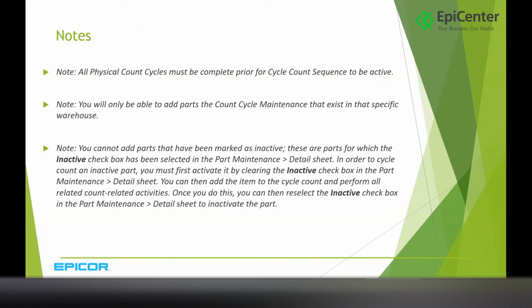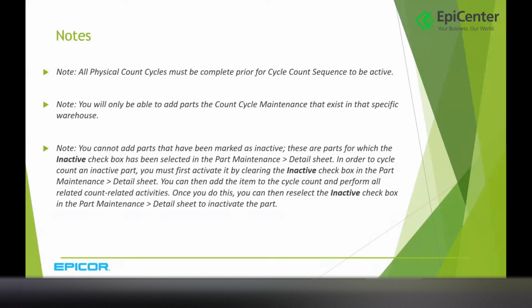Okay, just a few notes. I'm going to talk even faster. Your physical count has to be done before you do a cycle count. So if you are using a physical and cycle count, your physical count has to be completed before you can start cycle counts. You will be able to add parts to a cycle count, but only if the part exists in that warehouse. So if I'm in the main warehouse and the part doesn't exist in the main warehouse, I can't add it to the main warehouse cycle count maintenance.